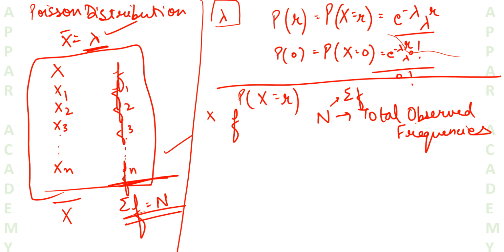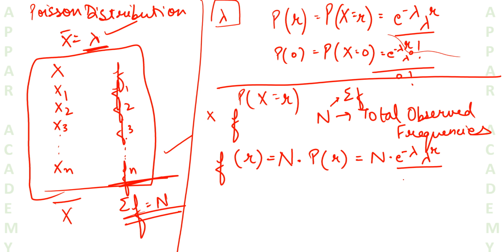So the expected frequency of the Poisson distribution, f(r), is simply given as n multiplied by probability of r, or n into e to the power minus lambda, lambda to the power r upon r factorial, where r can be equal to 0, 1 and so on.